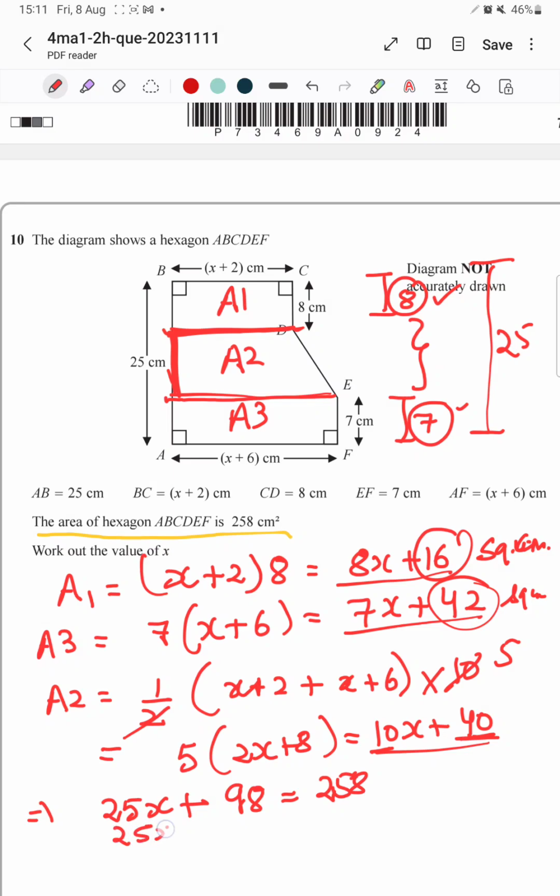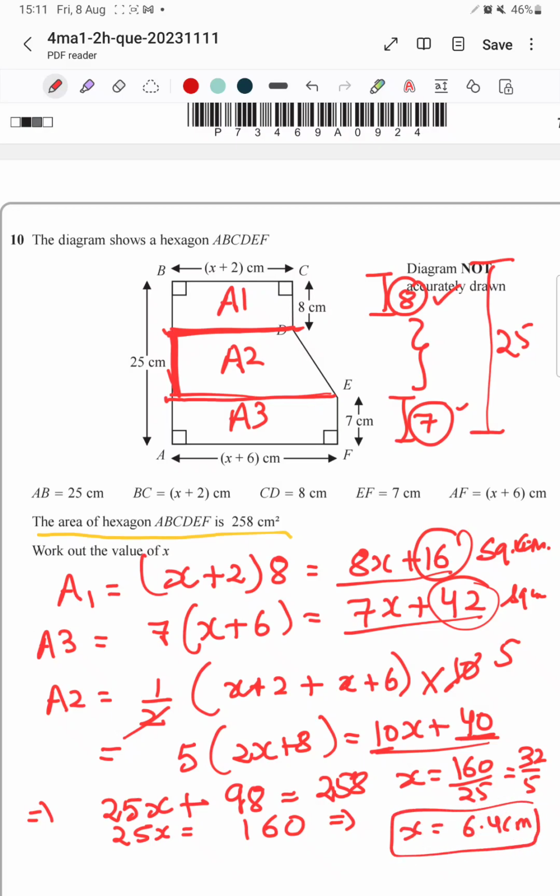So 25x is equivalent to 258 minus 98, that is 160, which gives me x equal to 160 over 25. And if you solve it, it is 32 divided by 5, and x is going to be 6.4 centimeters. This completes the question. Thank you.